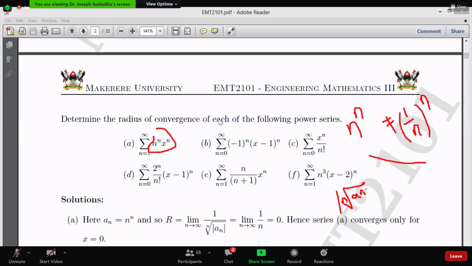So if it is the nth root of a_n, what is a_n? a_n is n to the n. Then the nth root of n to the n is n to the power n, then the whole thing to the power 1 over n.